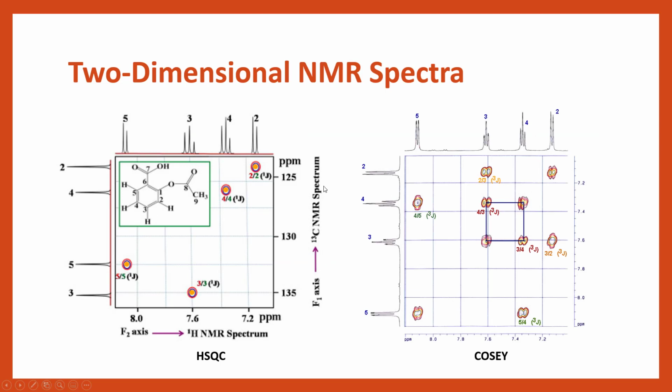So they're 2D, so we're on two axes here. On one axis here, we have our carbon-13 spectrum, and on the other axis here, we have our H or proton NMR. Again, we can see in our carbon-13, we have no multiplicity and no splitting. We literally just have our chemical shifts and the relative intensities. And then for our proton NMR, we have our chemical shifts, our relative intensities, and we also have our splitting.